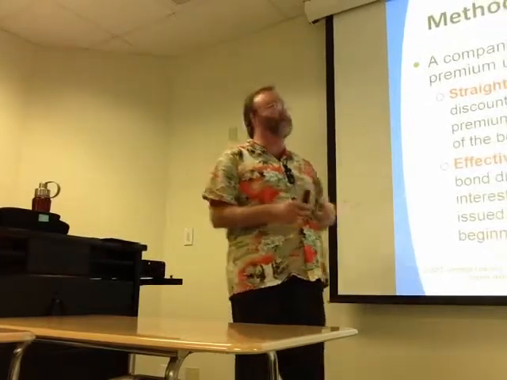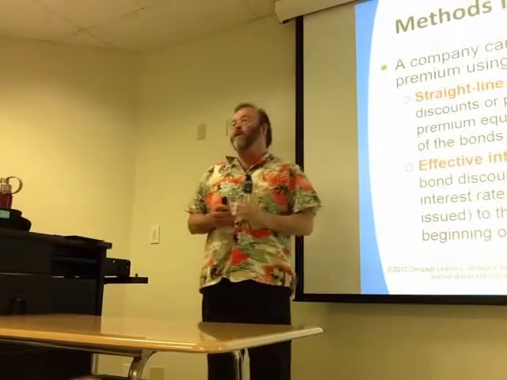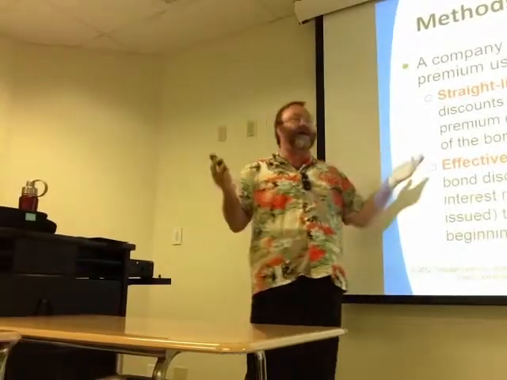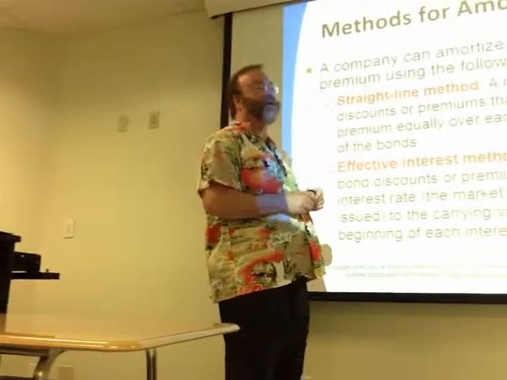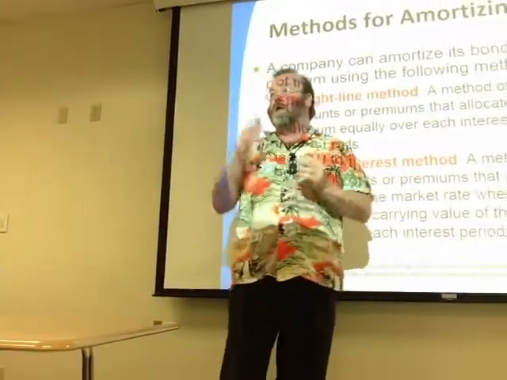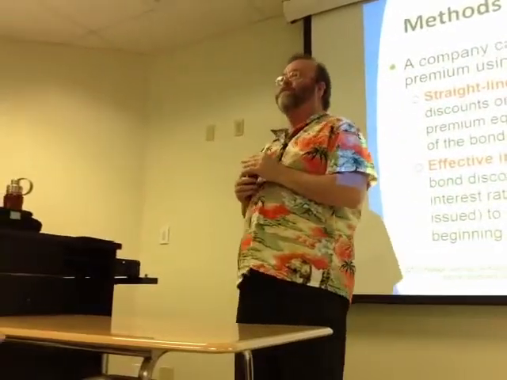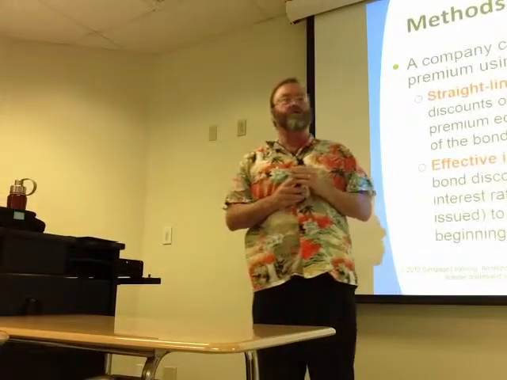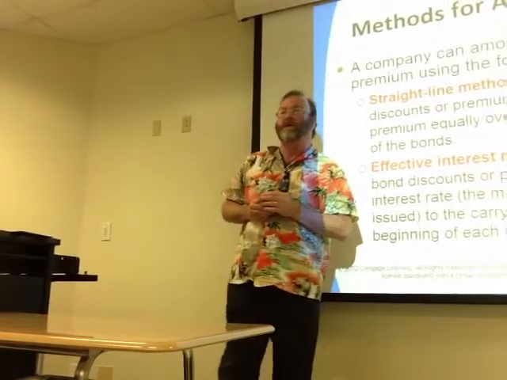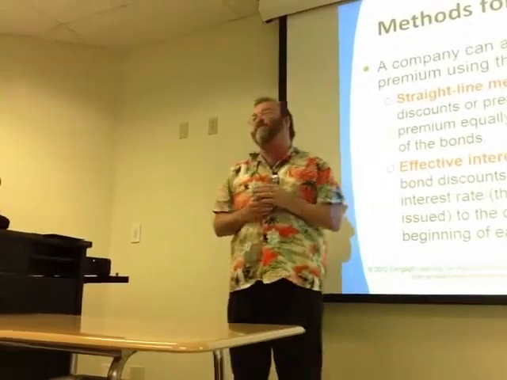You can amortize it one of 2 ways. You can take the premium, divide it by, in the example we just did, 10 periods, and amortize it equally over the life of the bond. Or you can use the market rate and calculate effective interest.